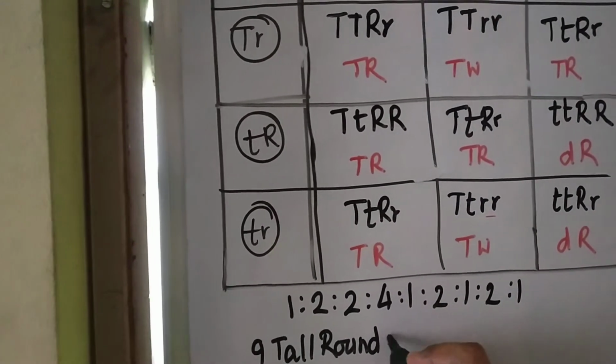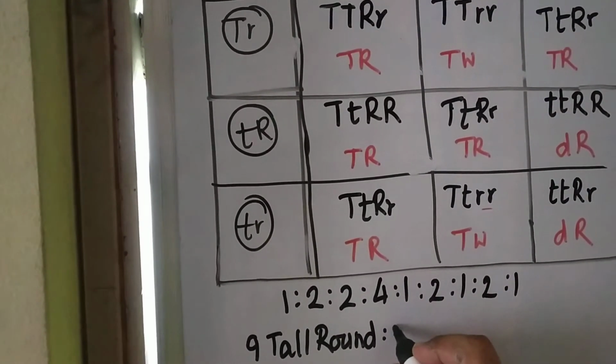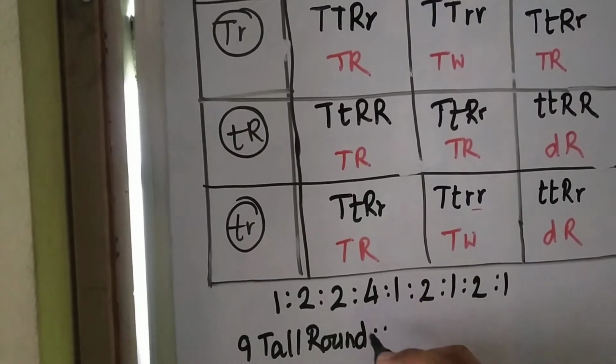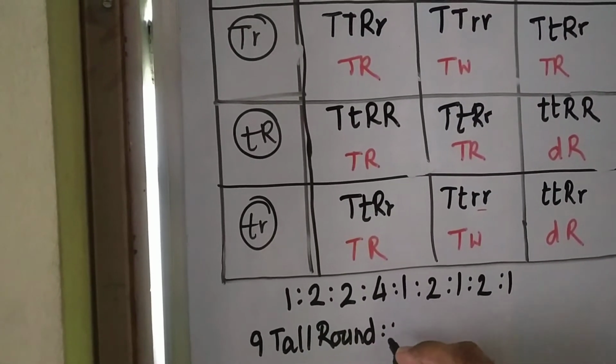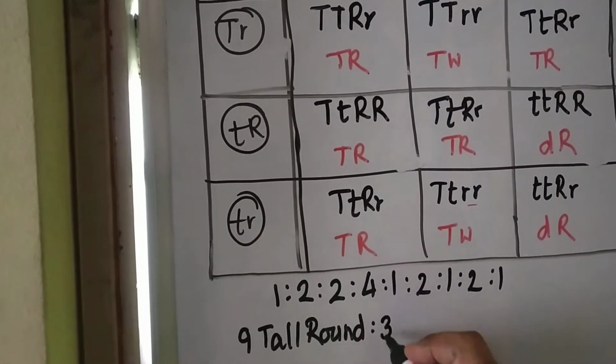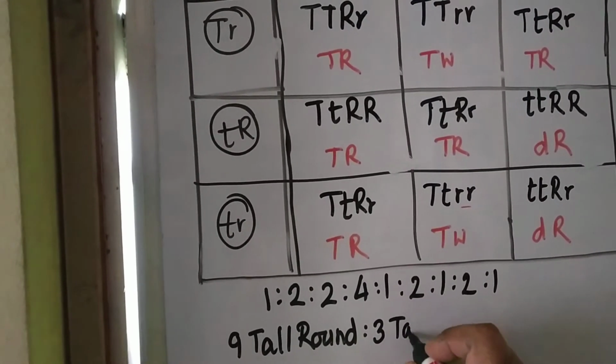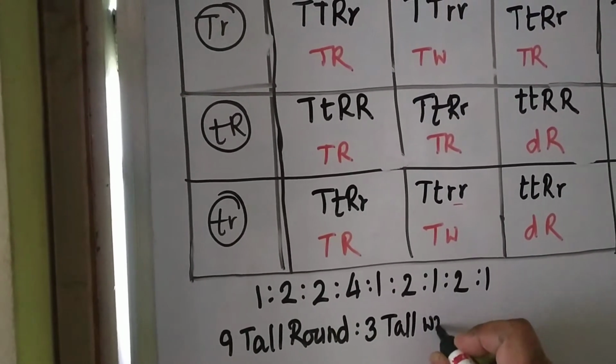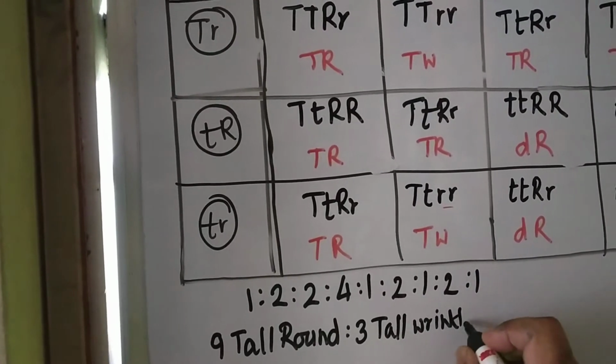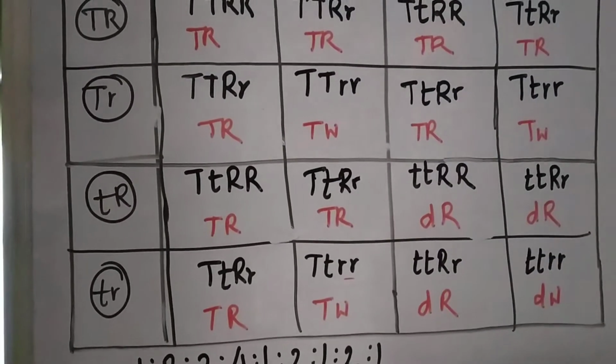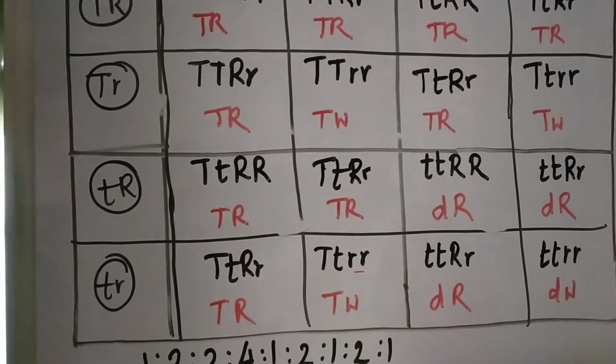Then 3 tall wrinkled. Then 3 dwarf round.